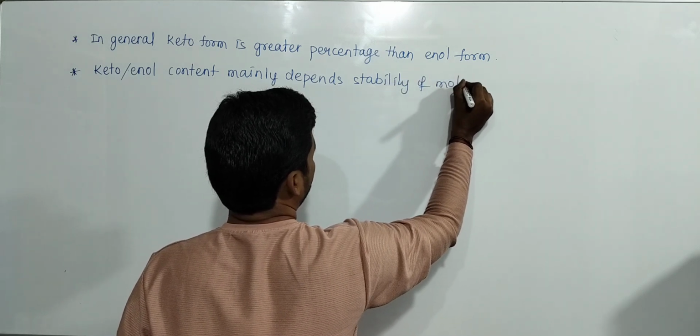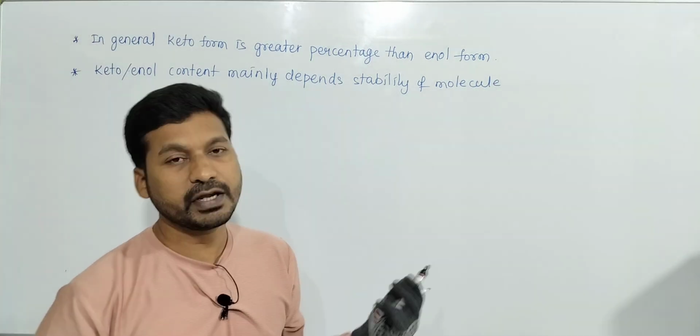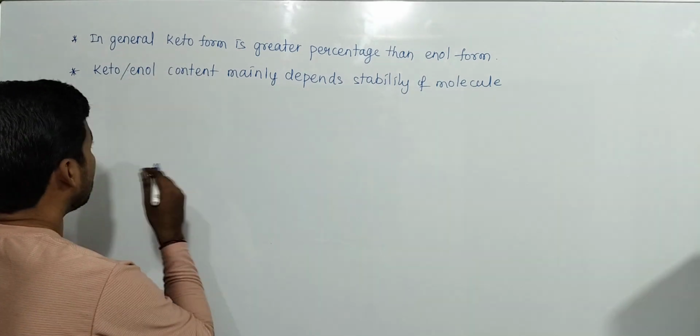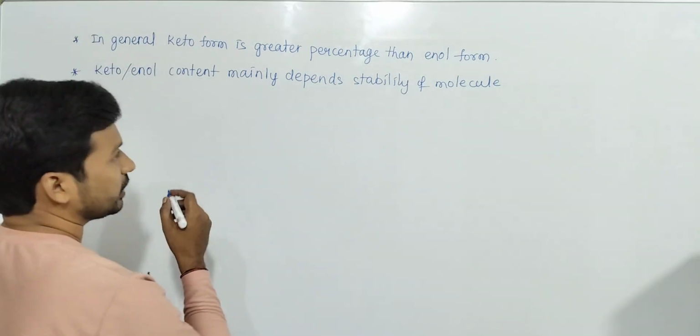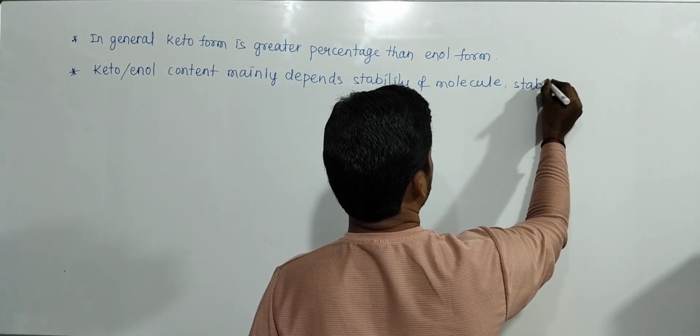If enol form is more stable, enol is more content; if keto form is more stable, definitely keto form will be more content. Okay, so stability of the molecule.